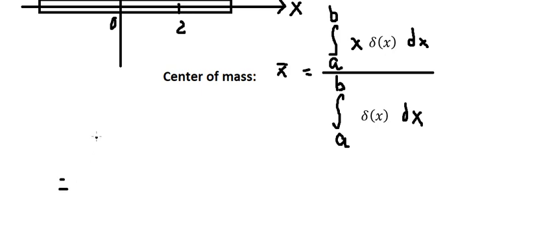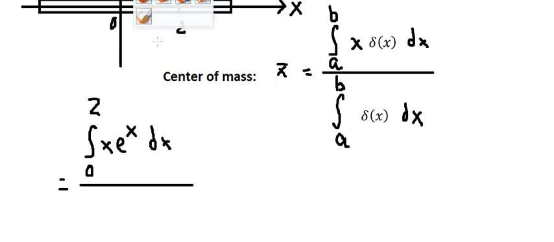So we have the integration from 0 to 2 of s e to the power of s ds over the integration from 0 to 2 of e to the power of s ds.